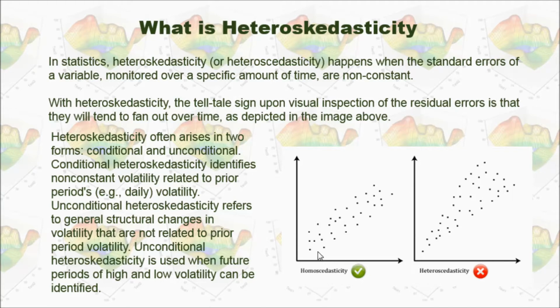If all those standard errors remain constant, that means the data is scattered around the average value evenly. We call it homoskedasticity. But if the standard errors are dependent on the independent variables, we call it heteroskedasticity.